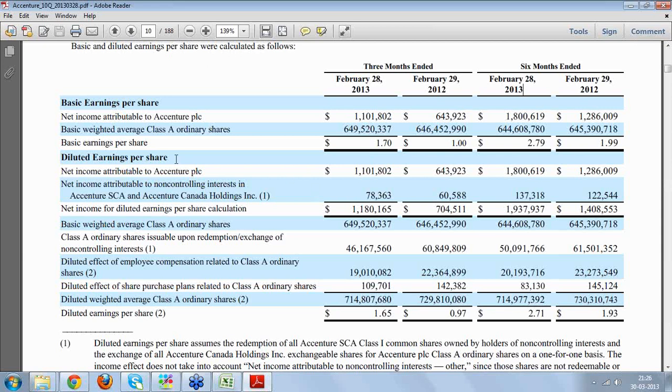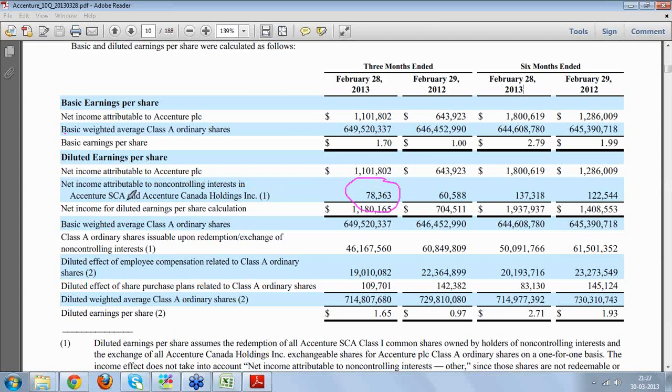Now come towards diluted. The moment they are talking about diluted earnings, they are saying that to the net income attributable to Accenture PLC, you also need to add the earnings which go towards non-controlling shareholders as well, if you are taking the dilution effect.